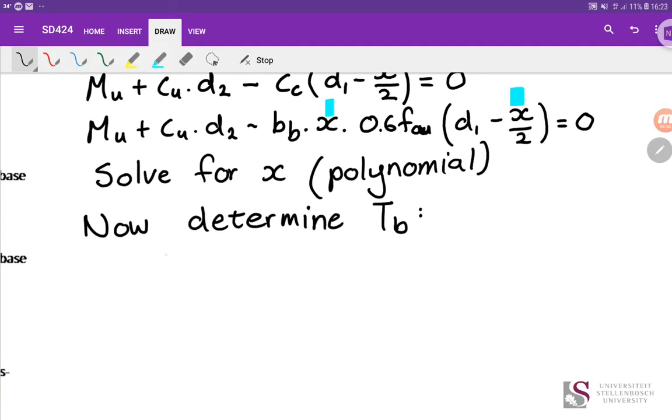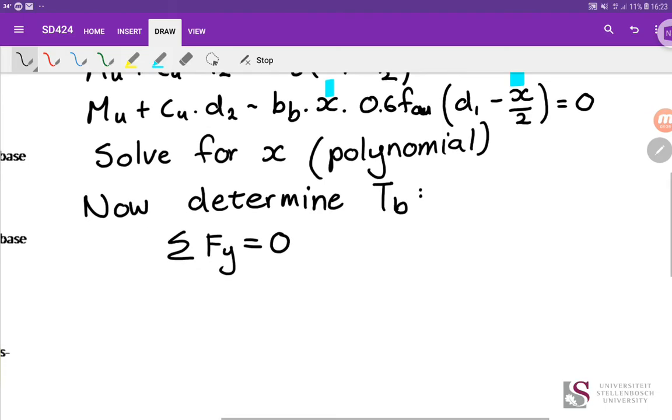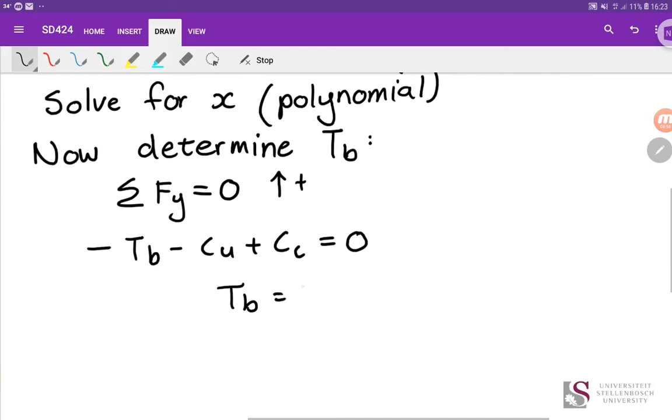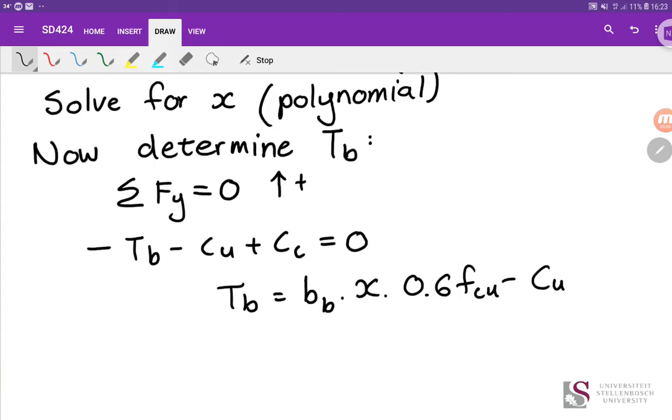We're going to do this by taking the sum of forces vertically equal to 0, with upward being positive, and from that we would ultimately end up being able to calculate the force in our bolts as the compression block force minus our applied force. And once again, if there was a tension, we would just swap it around.